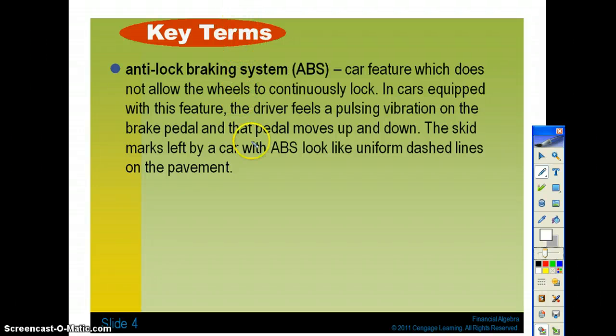But how you know if you have anti-lock brakes is when you try to slam on the brakes, sometimes you'll feel a pulsing vibration on the brake pedal, and basically the pedal moves up and down, so you can't really just smash the brakes like you typically could on a car that doesn't have an anti-lock braking system.